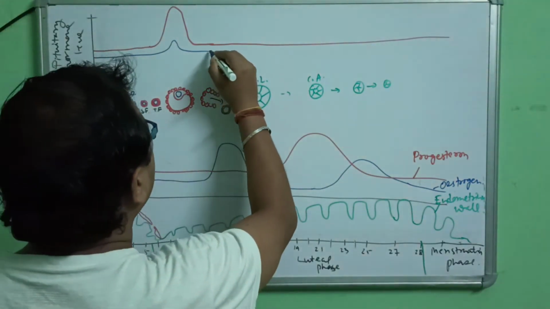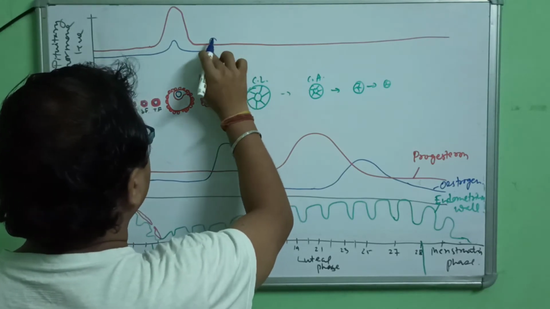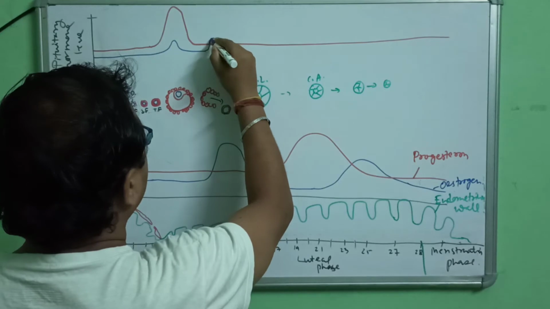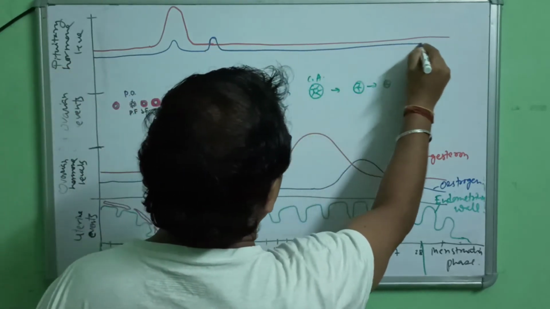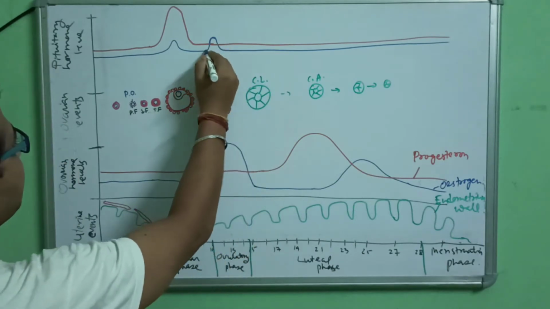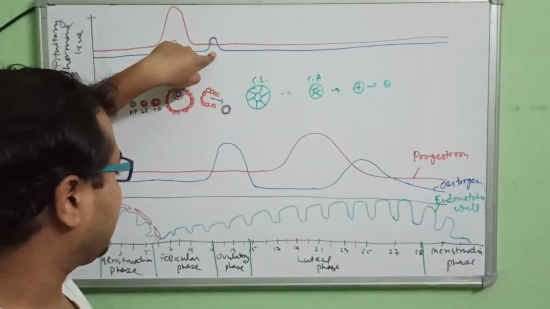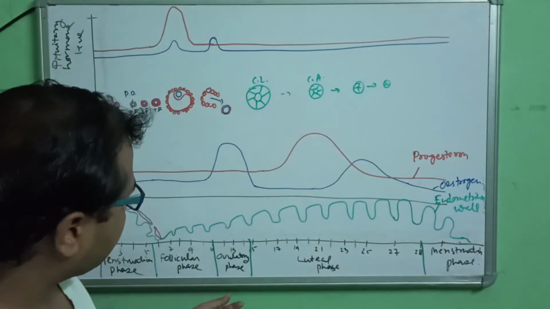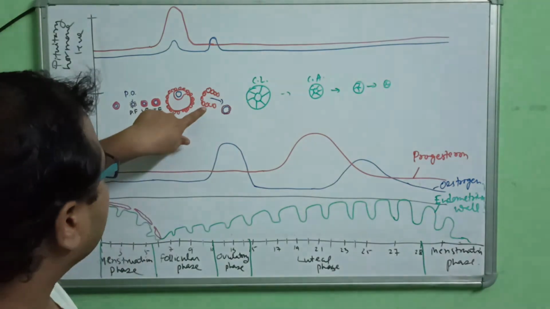So here there is a little trigger in the secretion of LH, so that during the ovulatory phase it ruptures the Graafian follicle.